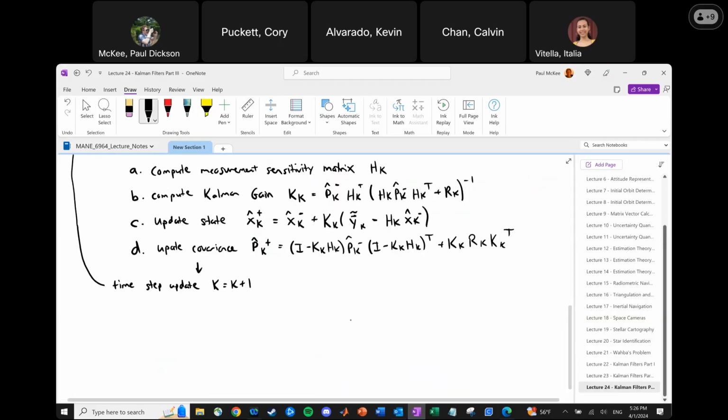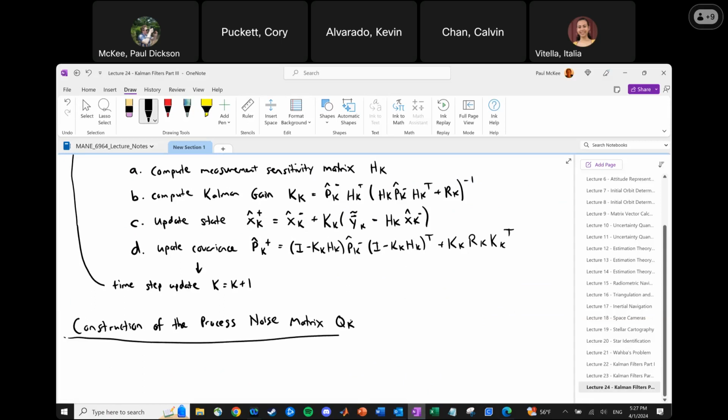So we'll begin with construction of the process noise matrix Q_k.